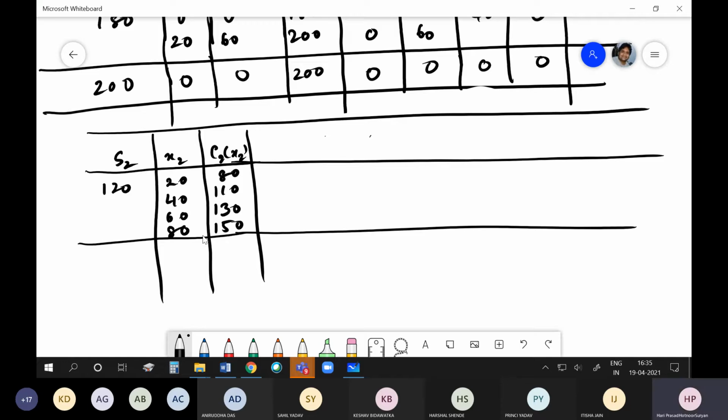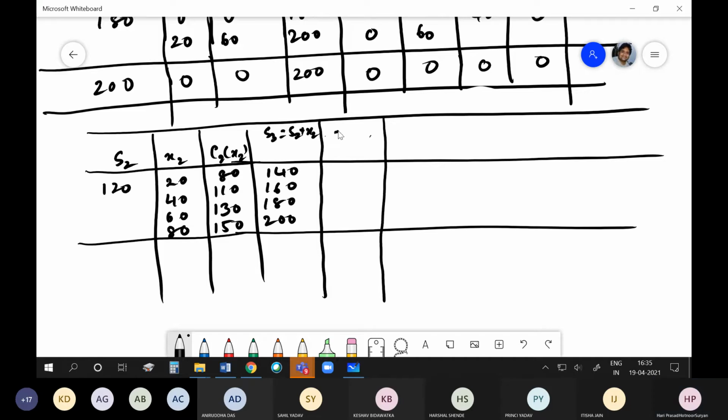Then S3 will be S2 plus X2, which is 140, 160, 180 and 200. Then I have to get F3 star of S3.